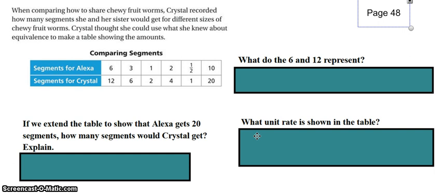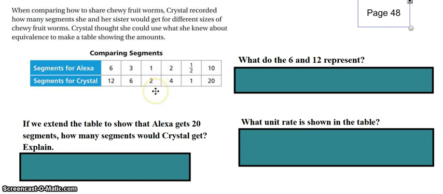What unit rate is shown in the table? And last week you should have learned that unit rate means for every 1. So for every 1 piece that Alexa gets, Crystal gets 2. So the unit rate for Alexa is 1 to 2.